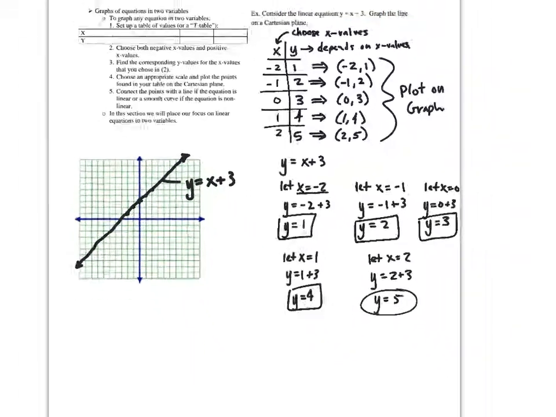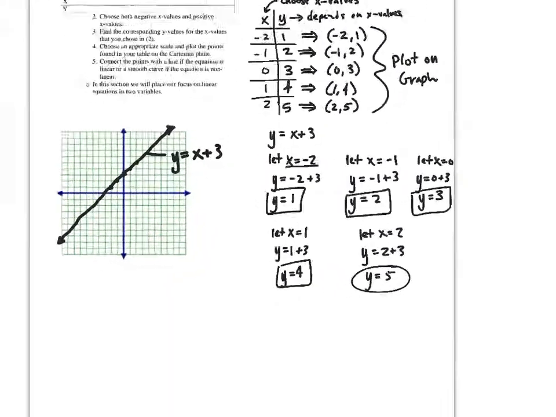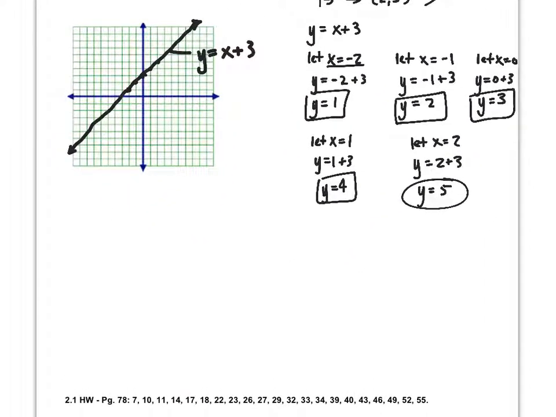So there's a couple things I want to show you here and talk about. We have what's called an equation, which we have as y equals x plus 3. We have a graph, which we have shown here.